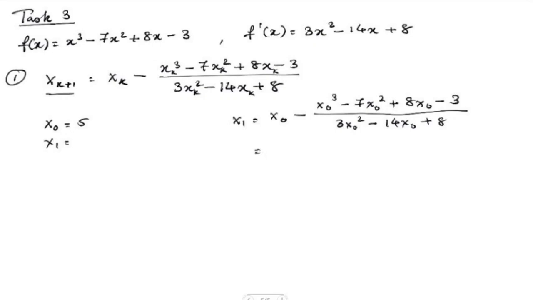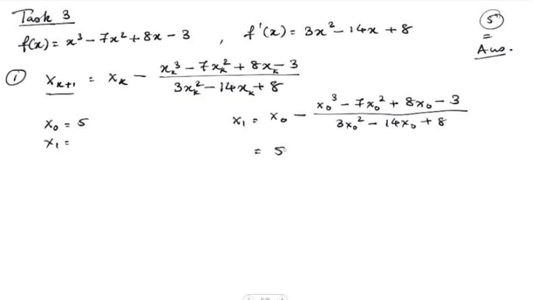So now replacing x0 by 5 here, you can already save this number 5 into your calculator as answer. Just press the number 5 in your calculator and then press equal to, and then 5 will be saved into the answer key.